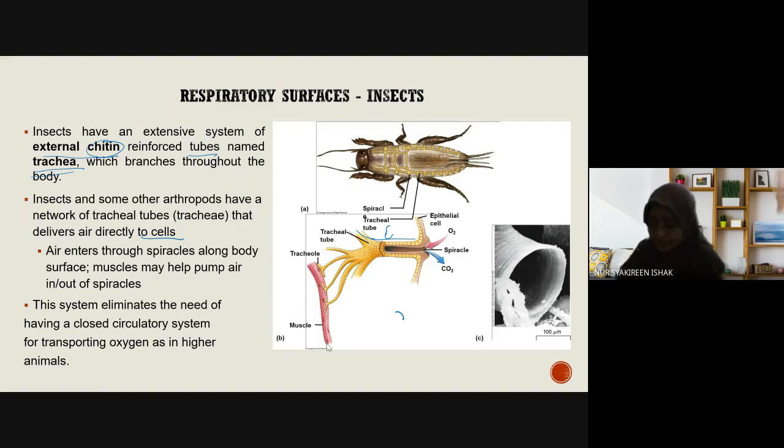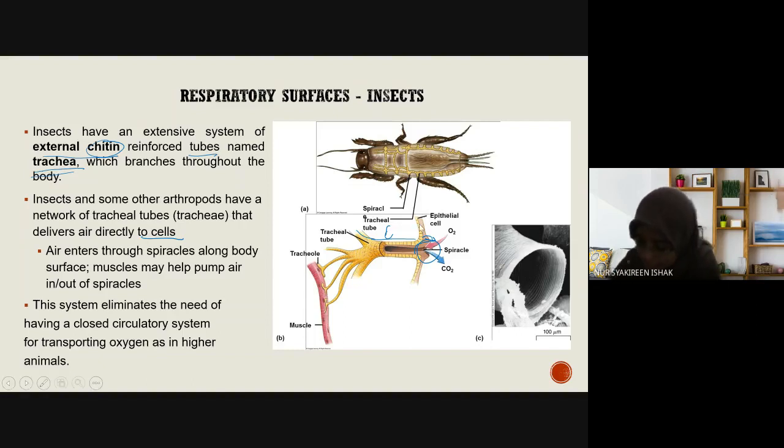Okay, trachea. So kat sini you have the spiracle. Yes, spiracle. Okay, spiracle where oxygen enter into the air tube, into the trachea. Okay, into the branch tracheal tubes and into individual tracheal that end to each cells in the body.